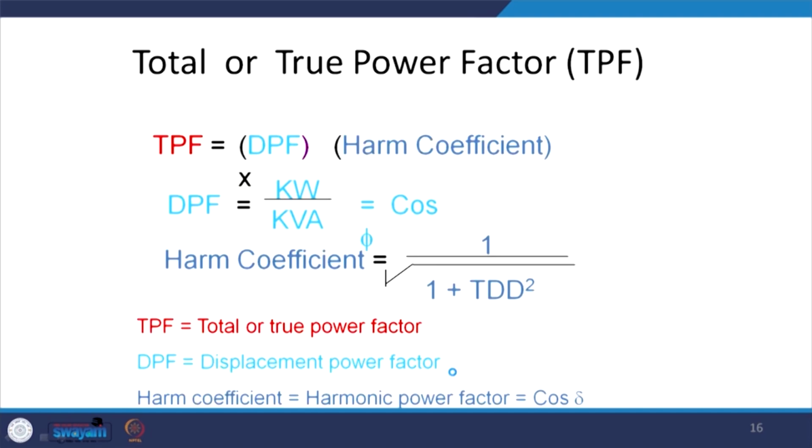The total power factor, or TPF, is DPF times the harmonic coefficient. DPF is Kw by Ka, it is cos phi, and thus the harmonic coefficient will be 1 by square root of 1 plus THD square, where TPF is the total power factor, DPF is the displacement power factor, and the harmonic coefficient or harmonic factor is given by cos delta.